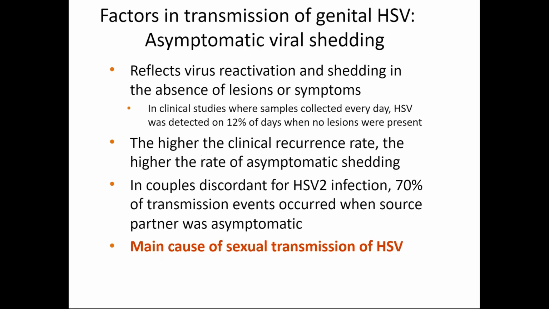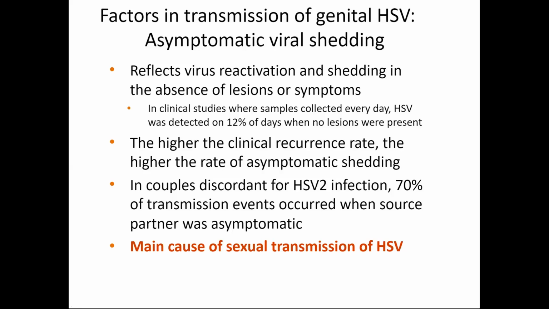The other major factor in transmission of genital HSV is asymptomatic viral shedding. Just like the words indicate, this reflects virus reactivation and shedding in the absence of any lesions or symptoms. In a clinical study where samples were collected every day from infected patients, HSV was detected on 12% of days when there were no lesions present.